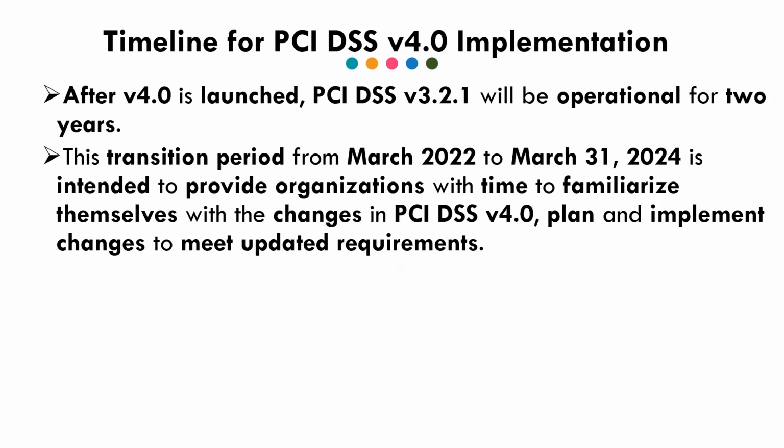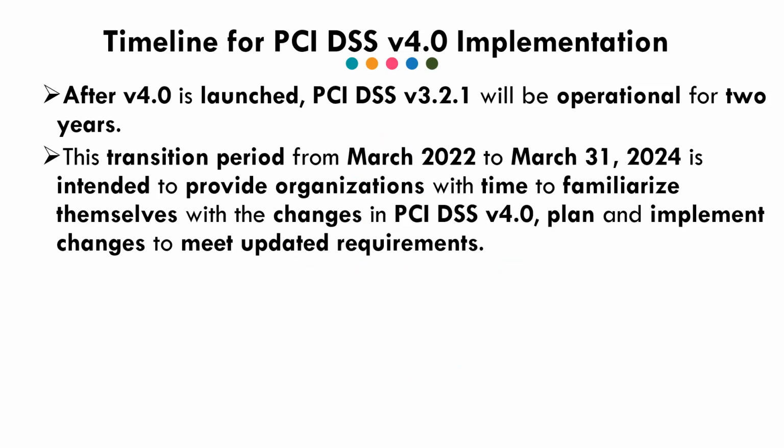PCI DSS version 4 was released in March 2021, and it will go side by side with version 3.2.1 for 2 years, right? So if it was released in March 2021, it's almost been a year. I mean, almost 10 months, right?